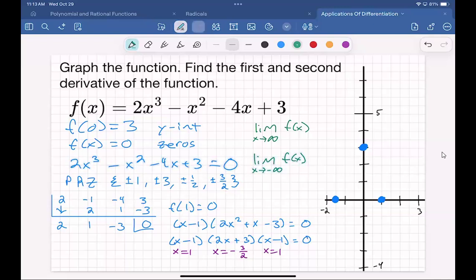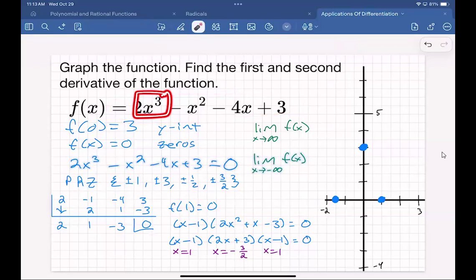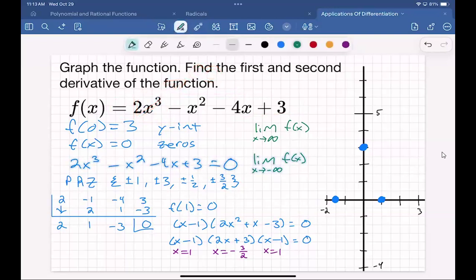Okay. So as you look at this function, this right here is going to have the most control over the outcome of a limit when it's going to infinity, right? So as x goes to infinity, what is x cubed going to tend to? This is also going to go to infinity, right? Everyone agree with that? So would we agree then that I could say this goes to infinity? What's the difference though with a negative infinity?